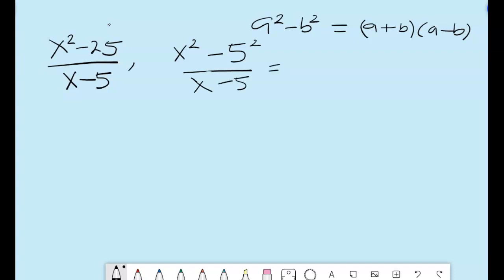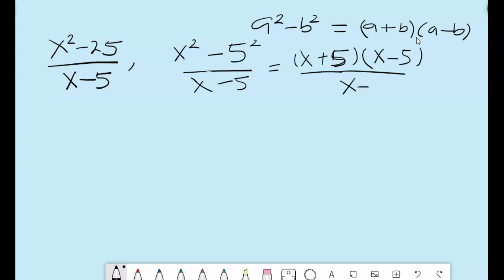And based upon what we set up here, we can write this as x plus 5 and x minus 5.